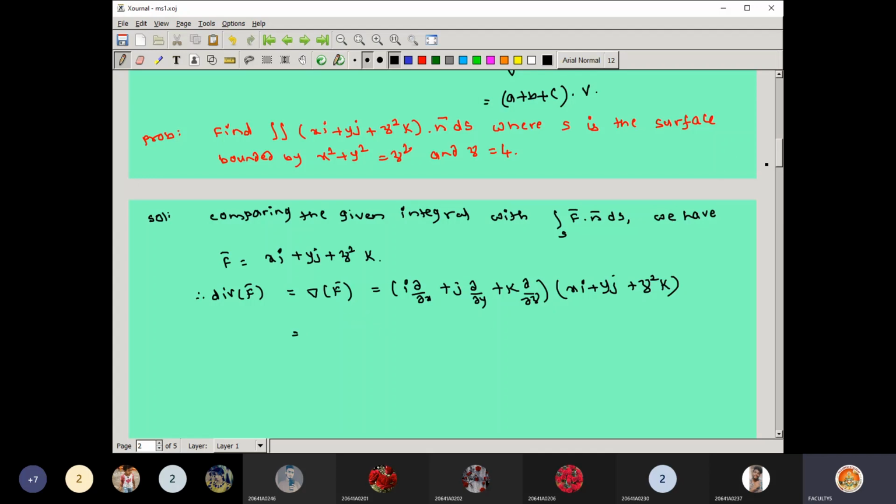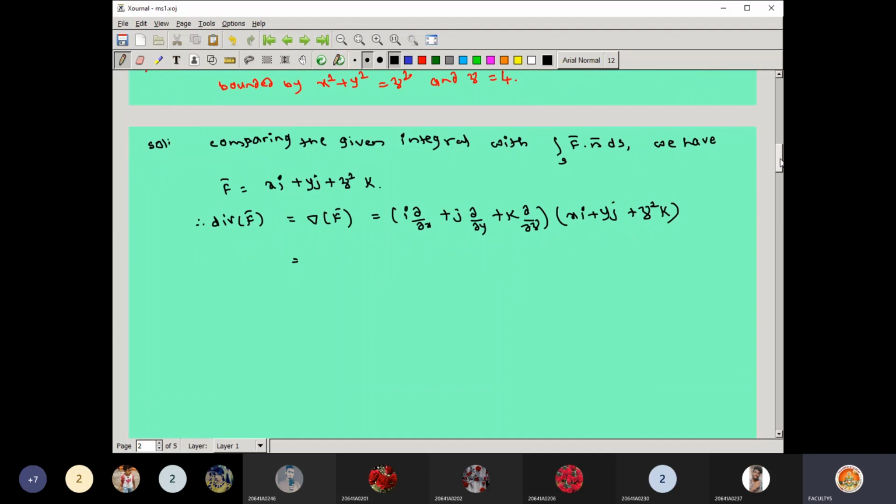So you get ∂/∂x of x plus ∂/∂y of y plus ∂/∂z of z squared. On differentiation, you will get 1 plus 1 plus 2z, or 2 plus 2z, or taking 2 common, 2 times 1 plus z. This is your divergence of f bar value.